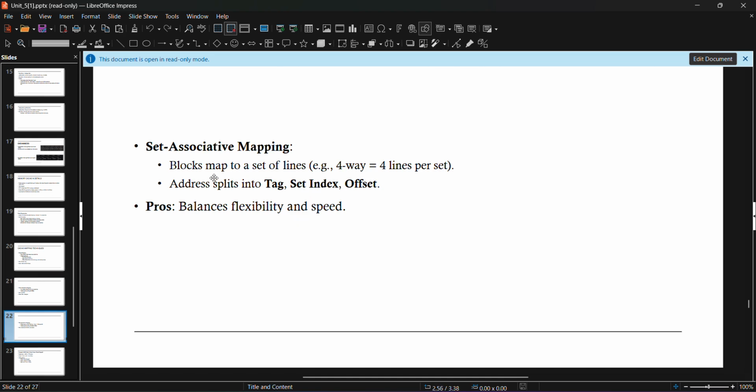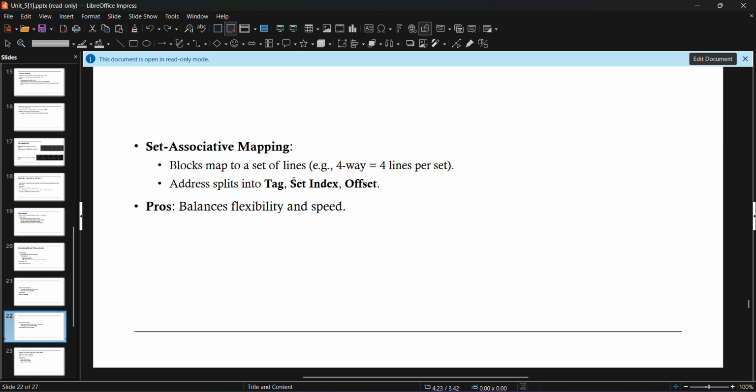So what is the set associative mapping technique? The blocks map to a set of lines, right? Meaning you divide the cache into groups, and each memory block can go into any spot in its group. That's what this basically means.